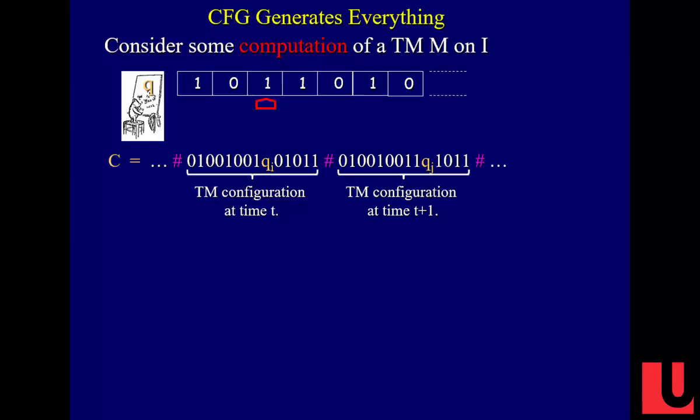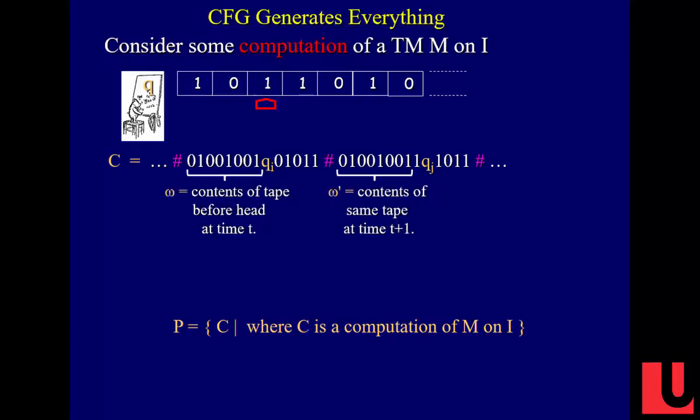And so then we can ask the question: is there a grammar which generates the accepting computations? And so here's a problem. Is there an accepting computation of M on I? And it turns out, do you think there's a grammar for that or not?